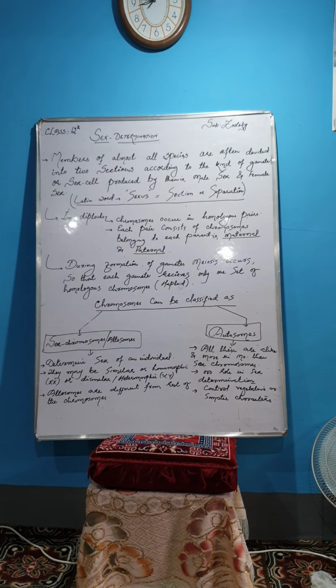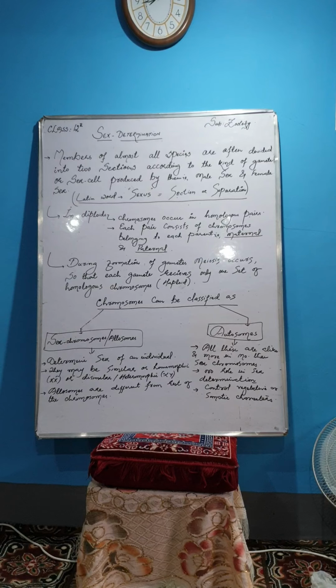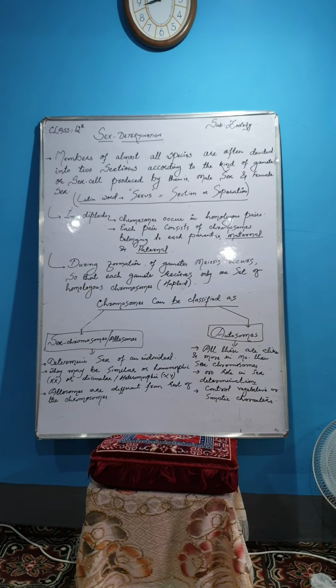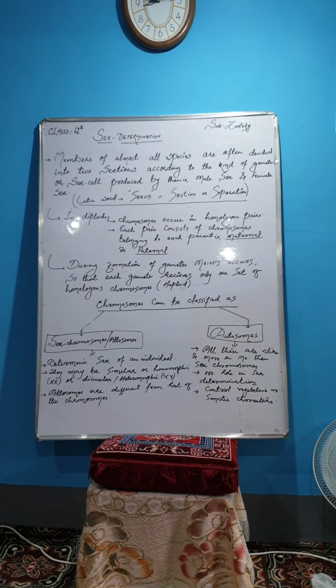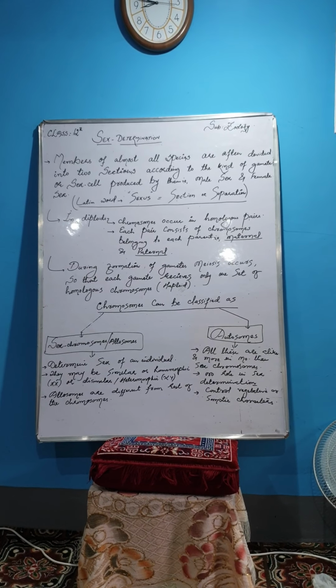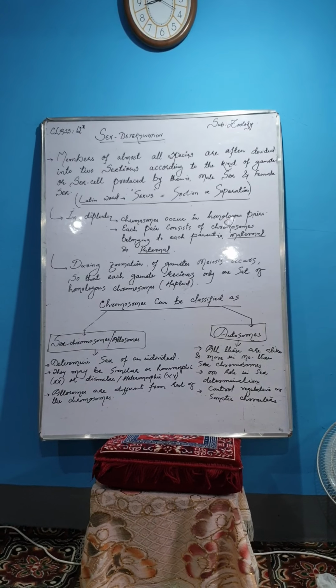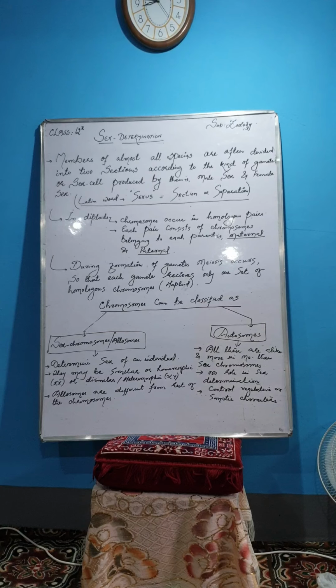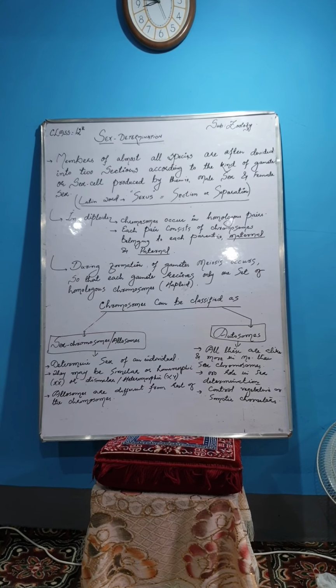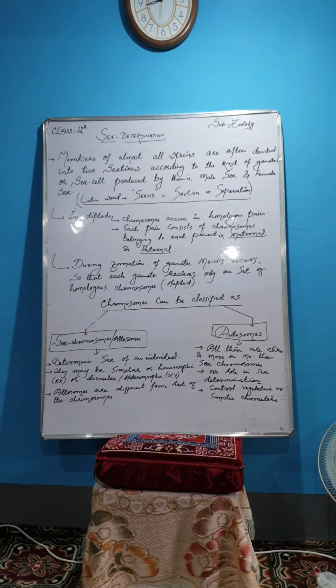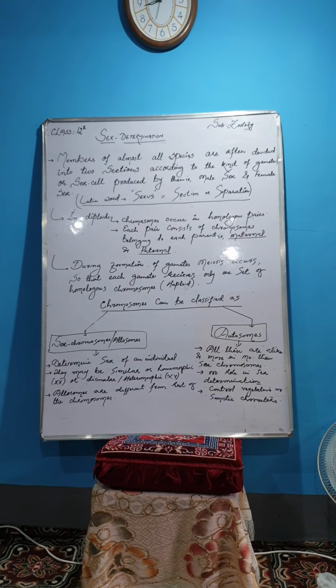In organisms, as you already know, genes are responsible for controlling the characteristics. Genes are located in the chromosomes. Chromosomes have a peculiarity that they occur in every individual in pairs, in homologous pairs.